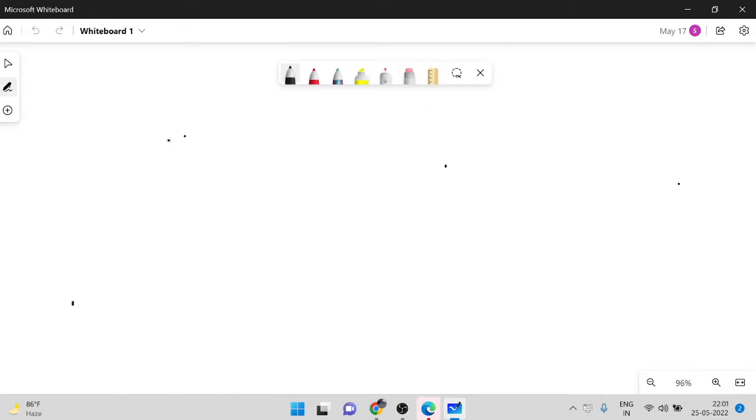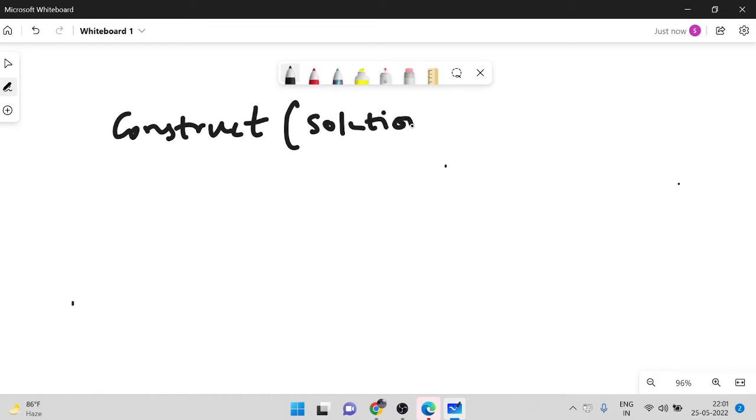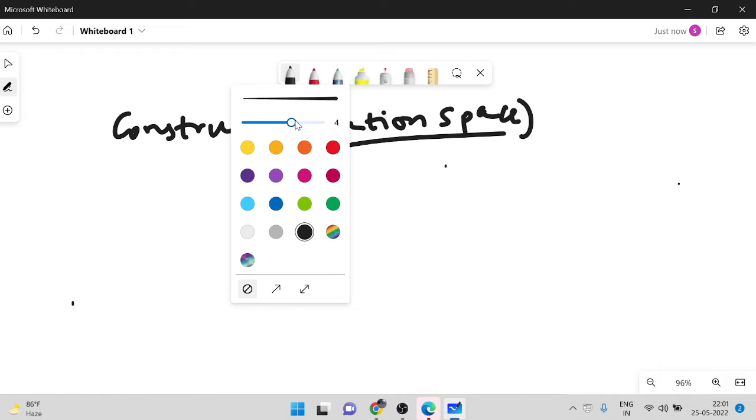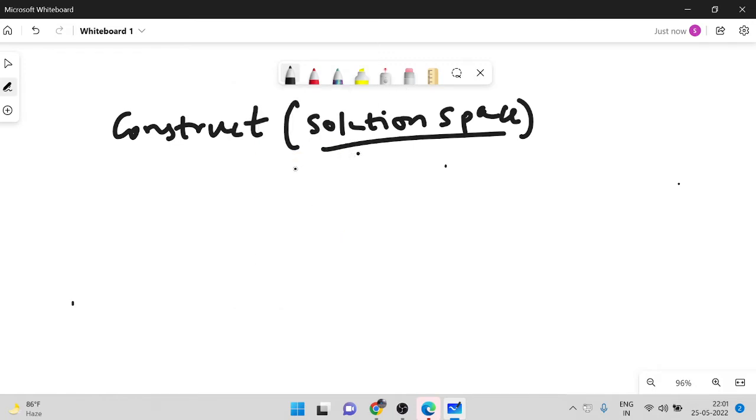Now our main objective is to construct the solution space for PDEs, and this solution space of PDEs is what is called Sobolev spaces.